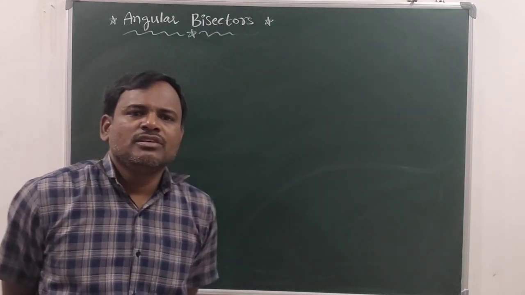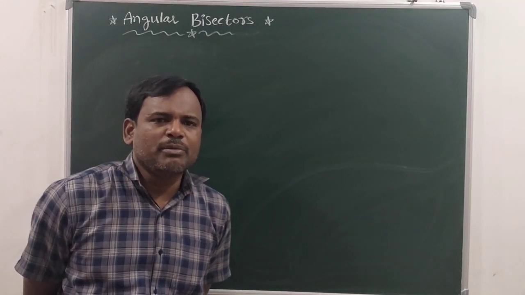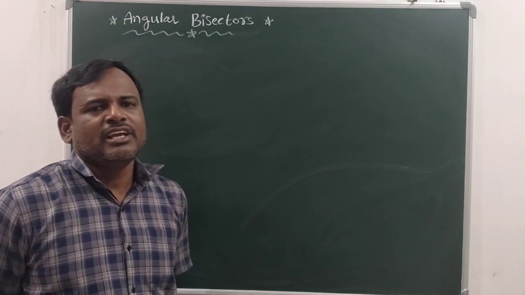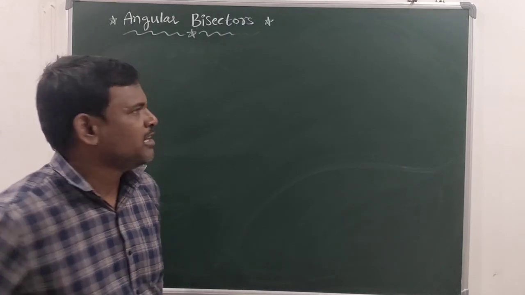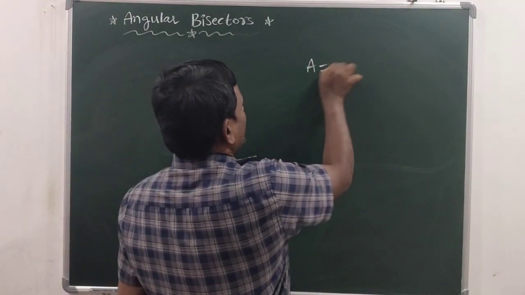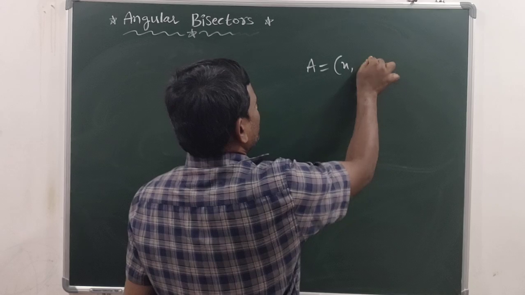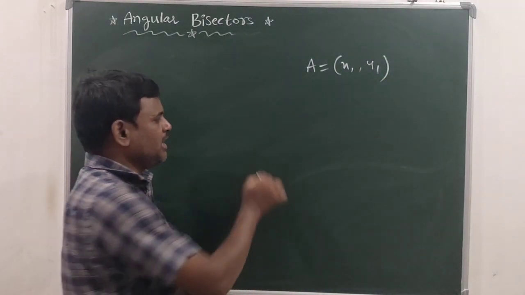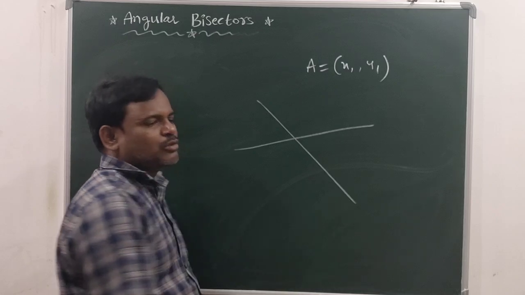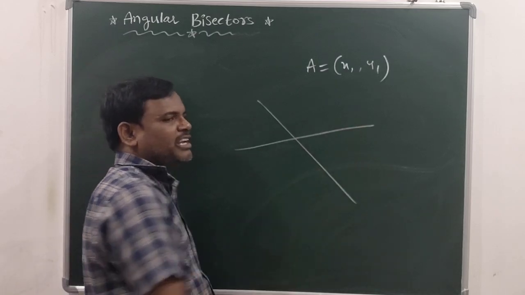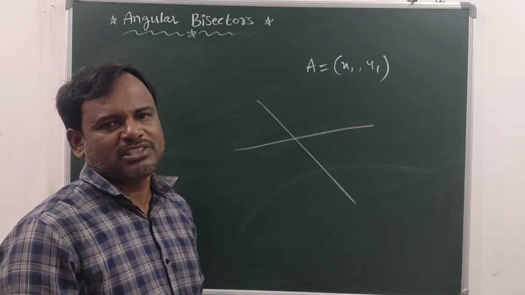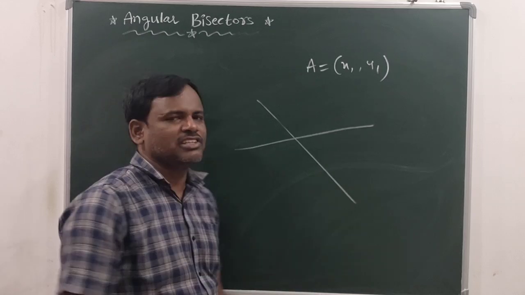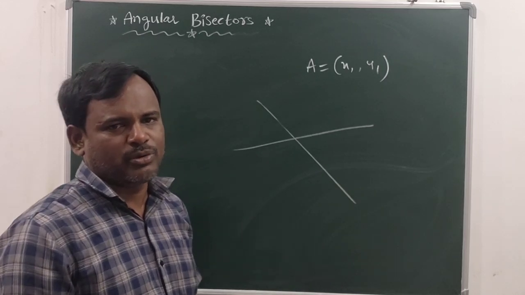So, find an angular bisector in which a point is contained. A point A whose coordinates are x1 comma y1 and two line equations will be given, same like this. This line equation is a1x plus b1y plus c1 equal to 0. This line equation is a2x plus b2y plus c2 equal to 0.